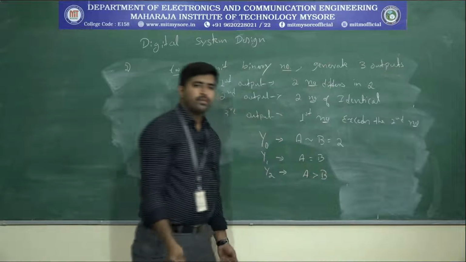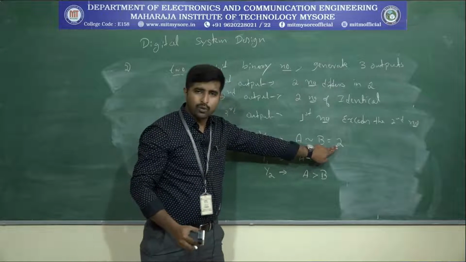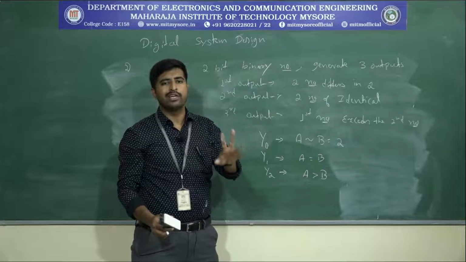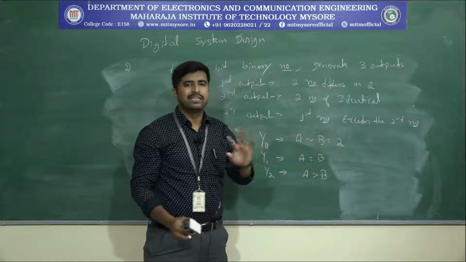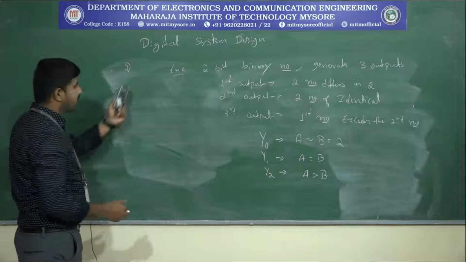See here, A difference B is equal to 2. Difference means both conditions, B minus A or A minus B, should be equal to 2. We are not going to consider any negative value here, just that the difference is 2. We are going to enable the output. Let's construct the truth table for this.